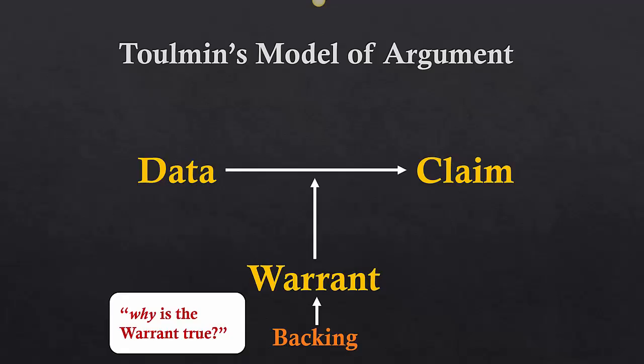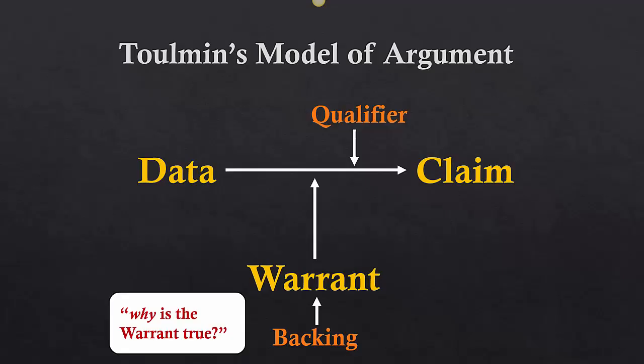So we don't want to confuse backing with additional evidence that's used to support the claim. You want to think about backing specifically and directly as why is the warrant true? Why is that assumption or premise or logical relationship between the data and the claim, why does that make sense? How do we know that that's sound or valid?